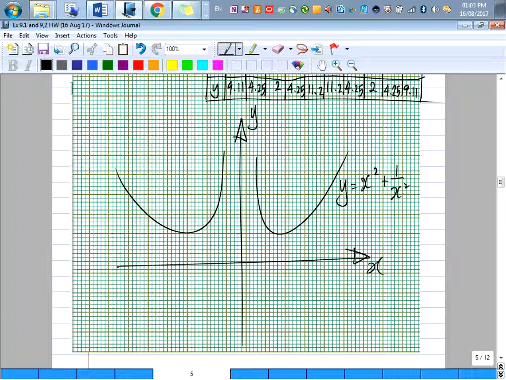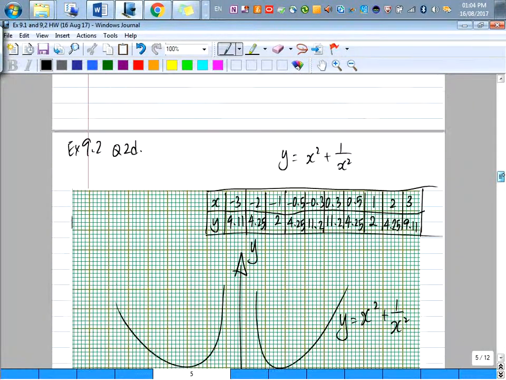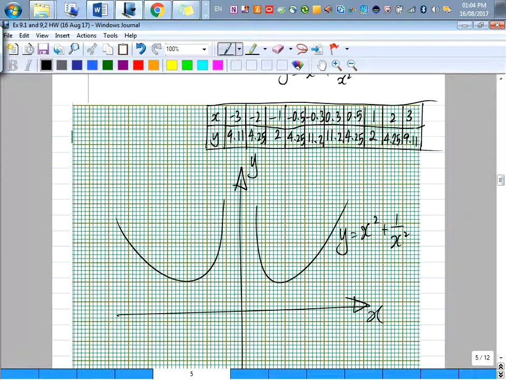Okay, what Darren is saying is, if you are given a table like this, then we plot in all the points already, but he realized that he tried to join them up, but he's not sure whether this part is a curve down this way, or maybe this way, or any other way.